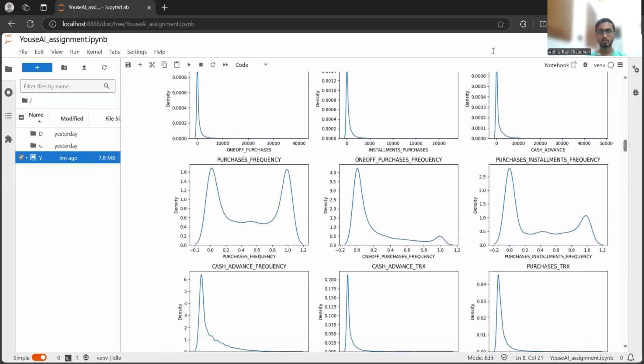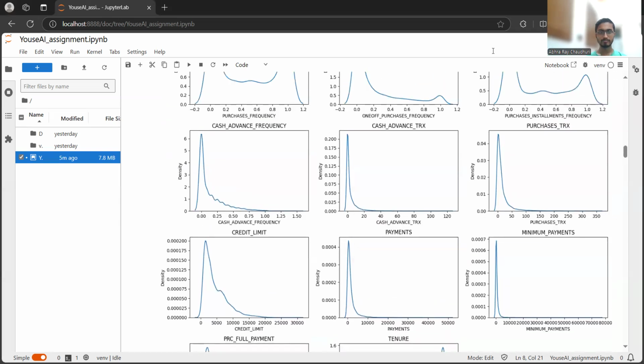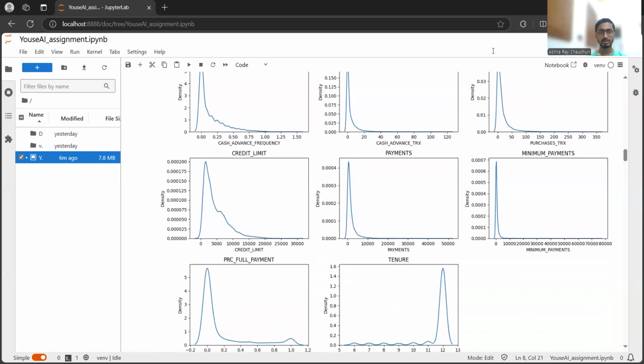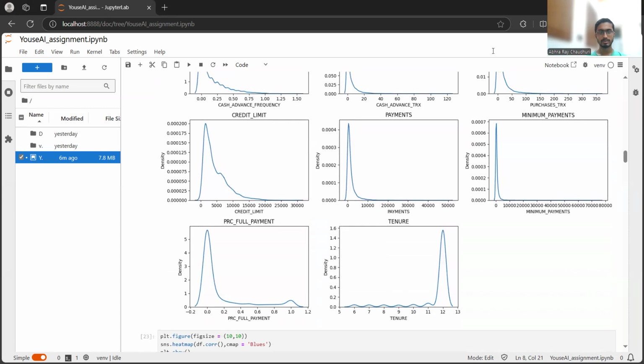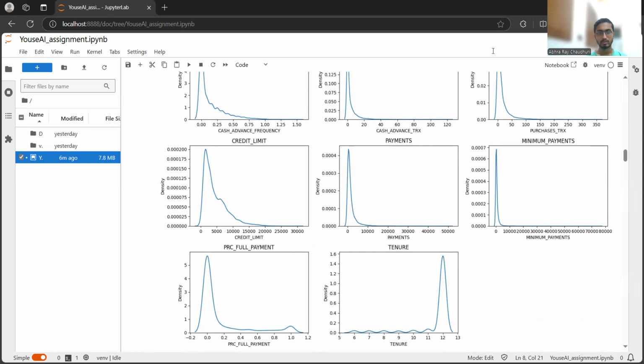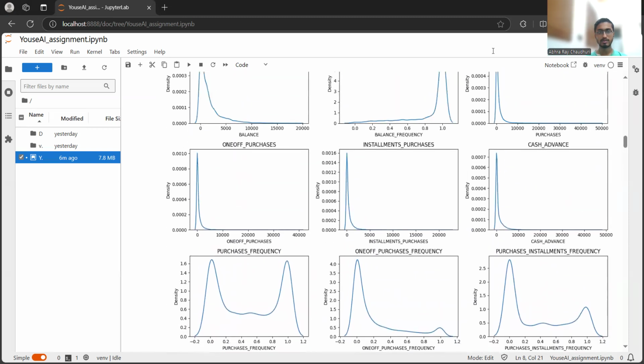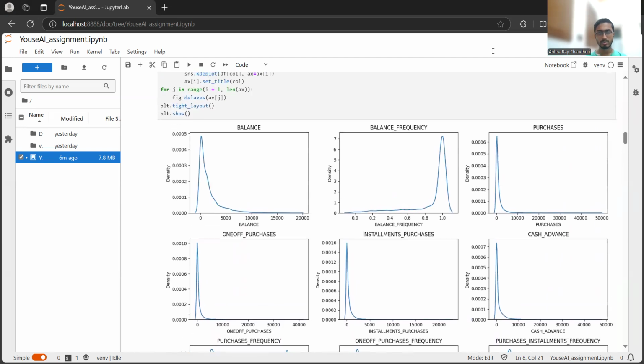But more or less, every column is skewed. So we need to deal with this skewness and also with outliers. In the credit limit, there are some values of 80,000. In the balance, there are some around 20,000, and purchases are around 50,000.